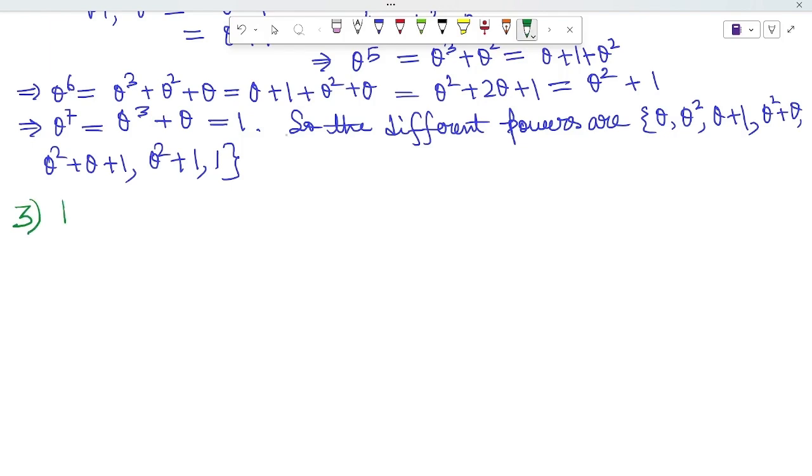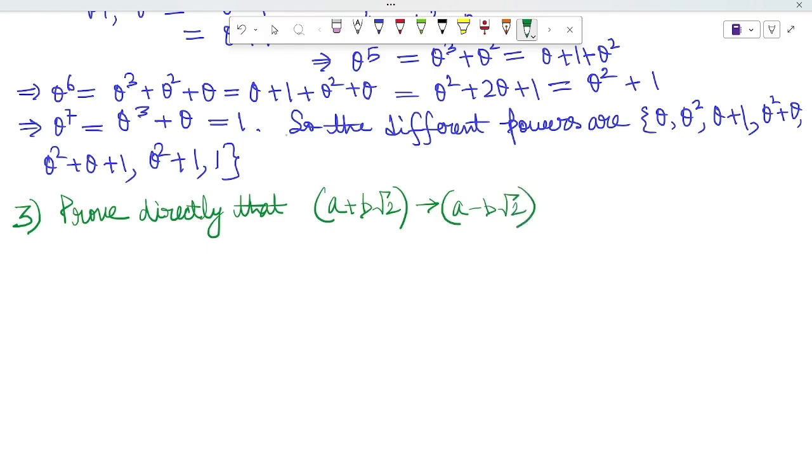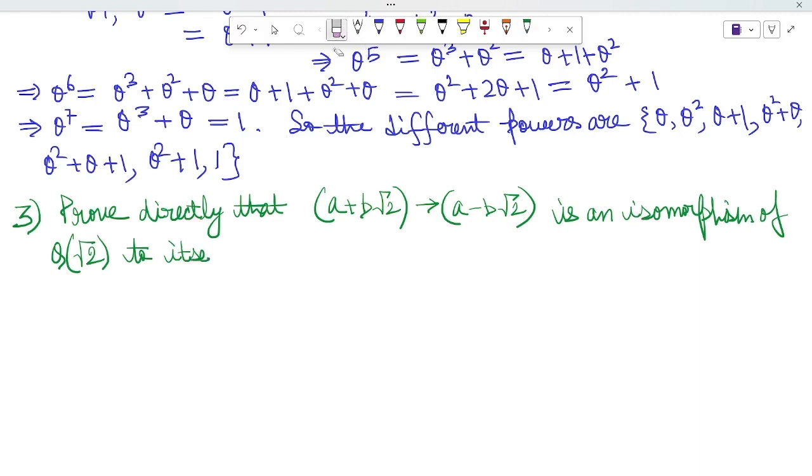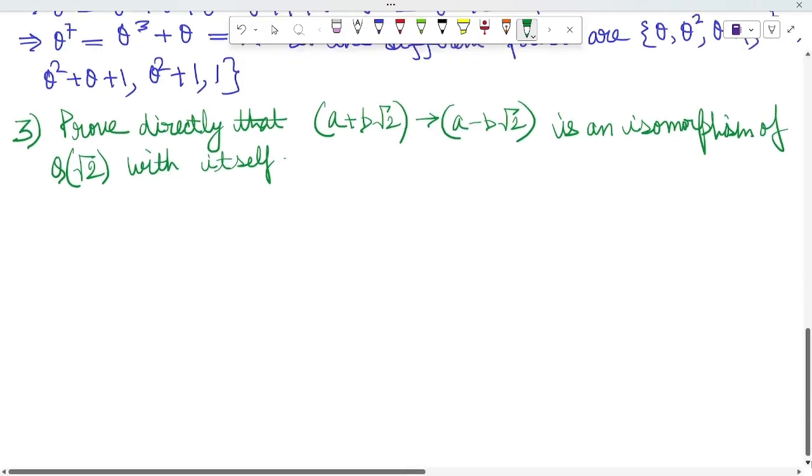Next problem is directly that. This is easy.